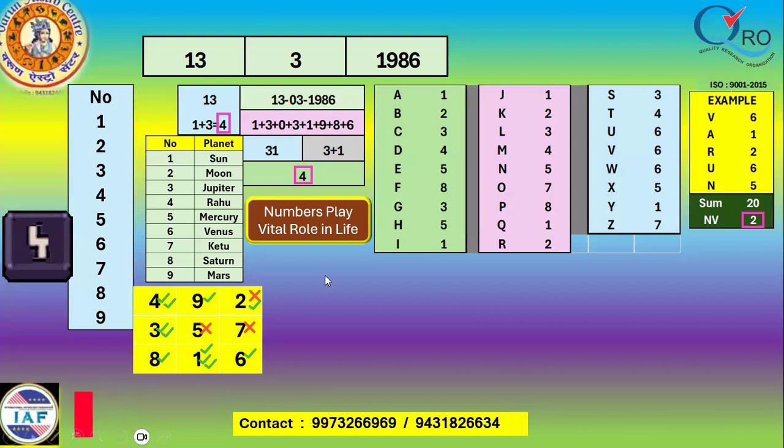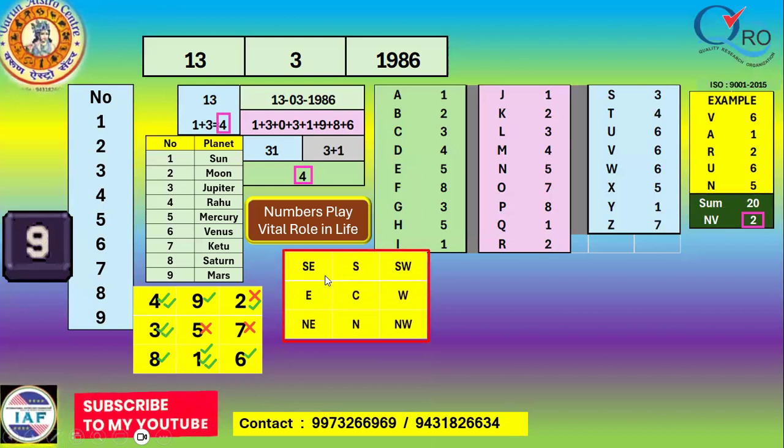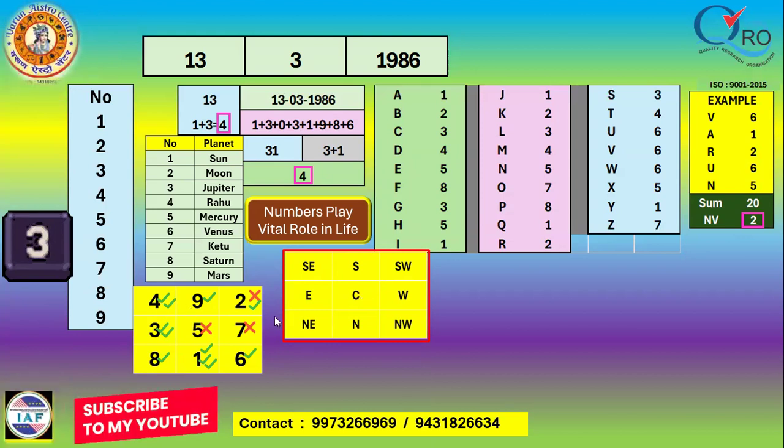From this grid you can arrive at calculating that the center of this native's house may have Vastu dosha, again southwest and west, because these numbers are missing.